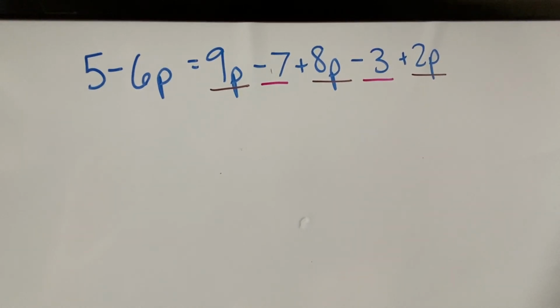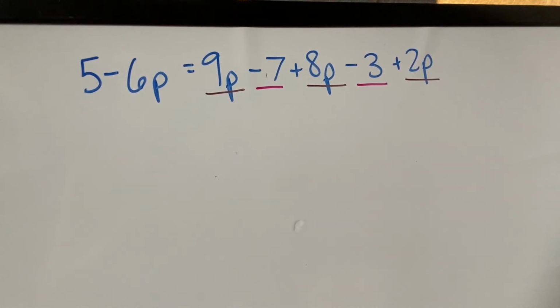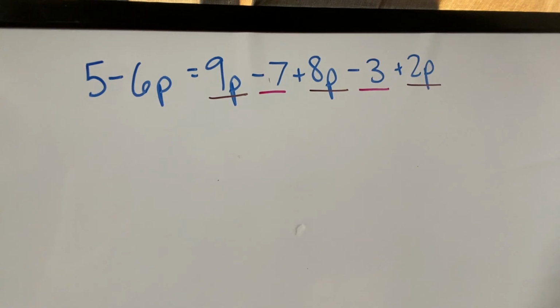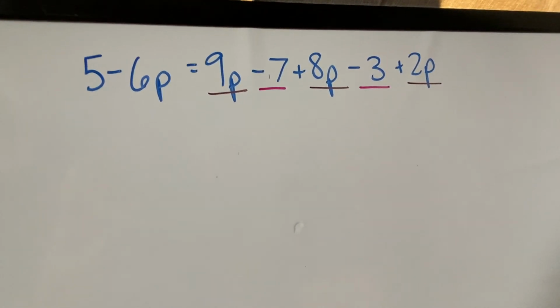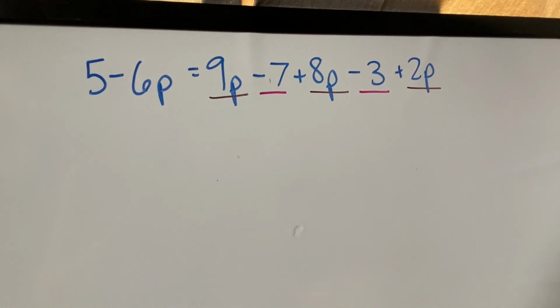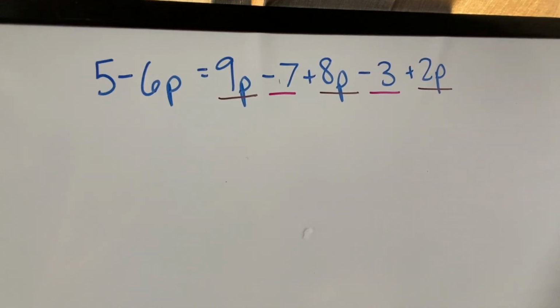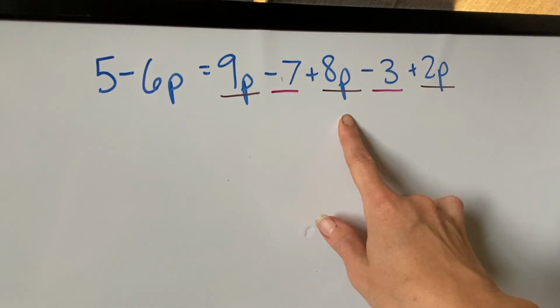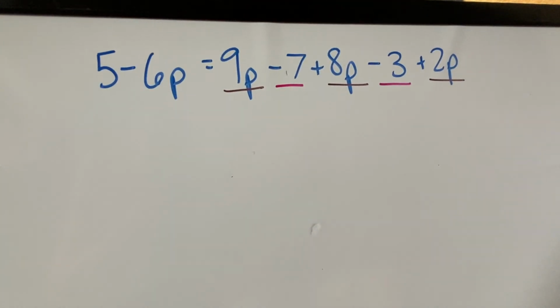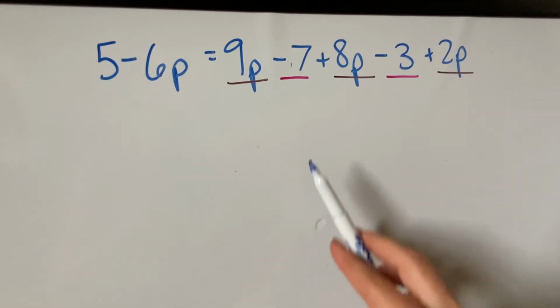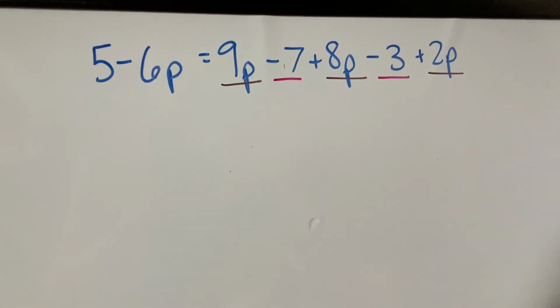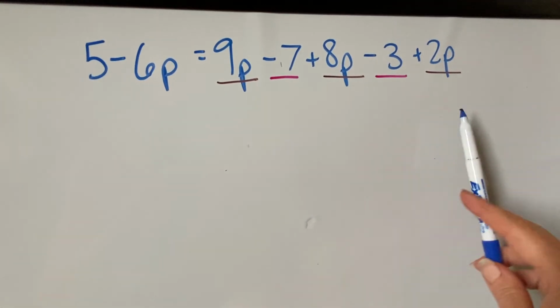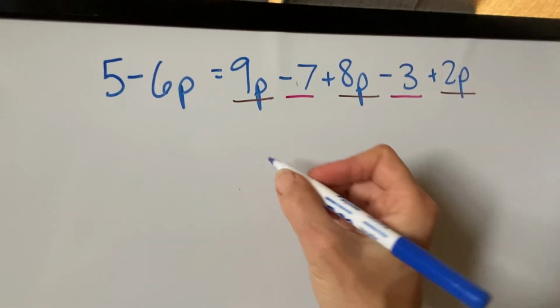So another example from this lesson 26 is letter B, which we have written up here on the board. 5 minus 6p equals 9p minus 7 plus 8p minus 3 plus 2p. To start off with, I marked down like terms, this 9p, this 8p, and this 2p, and I'm going to add them together. 9 plus 8 is 17. 17 plus 2 is 19p.